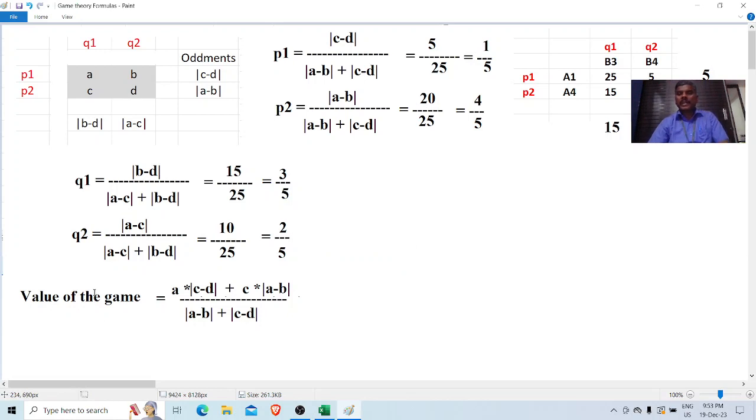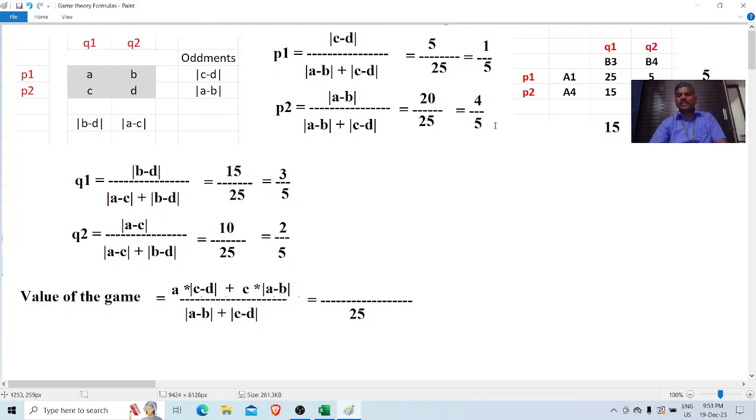Next, we will find the value of the game. Value of the game is equal to A minus B plus C minus D in the denominator, which is 25.